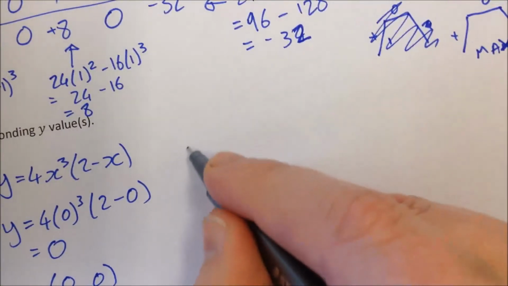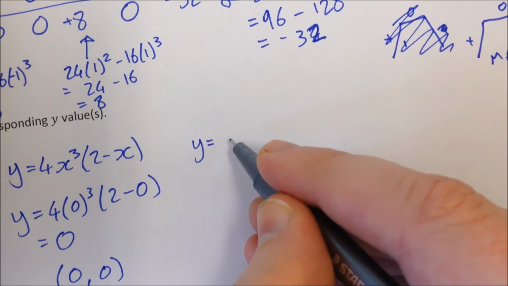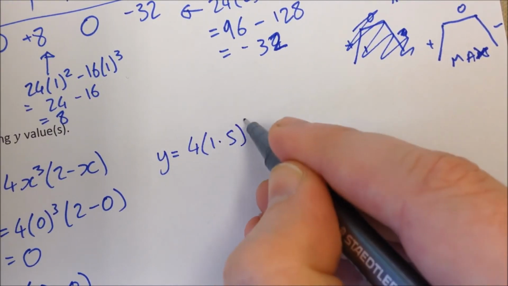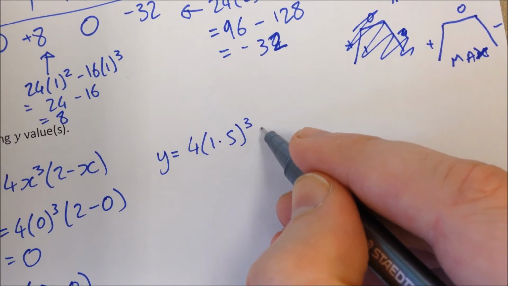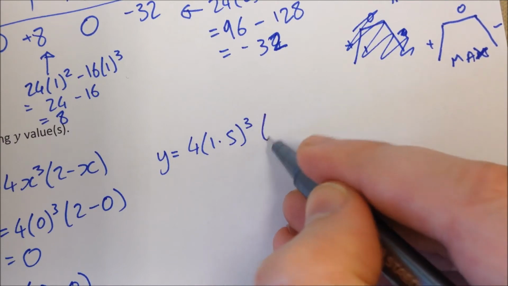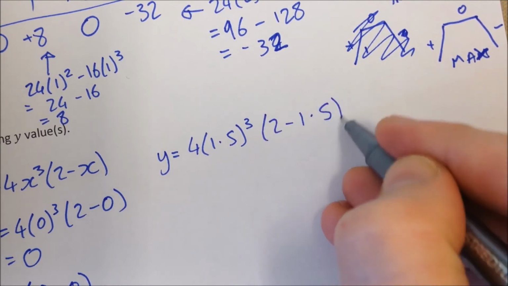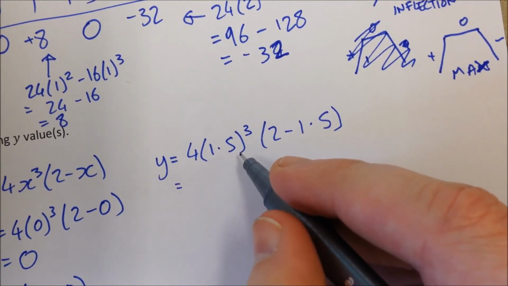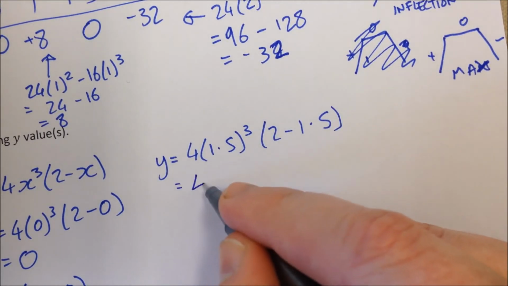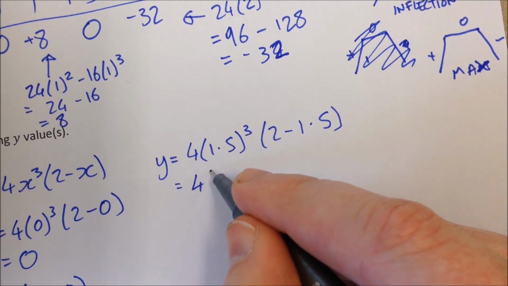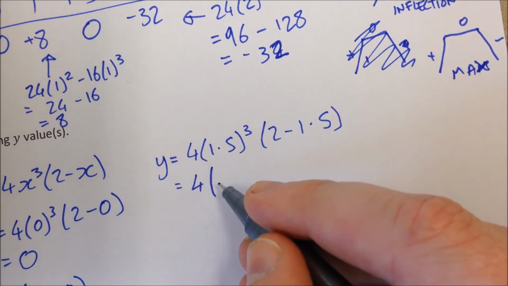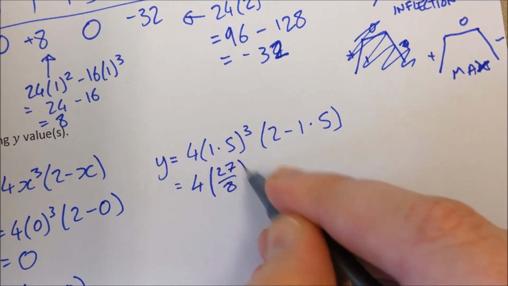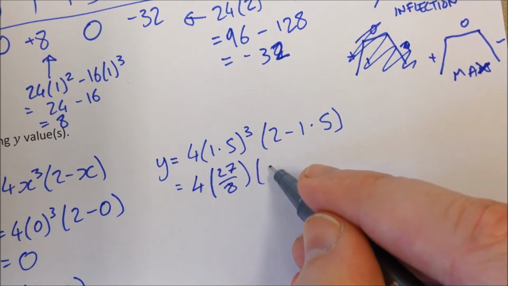So we want y equals 4 lots of 1.5 cubed times 2 take away 1.5. Right, this is going to be 4 lots of 1.5 cubed is 3 over 2 cubed, so that is 27 over 8 times a half.